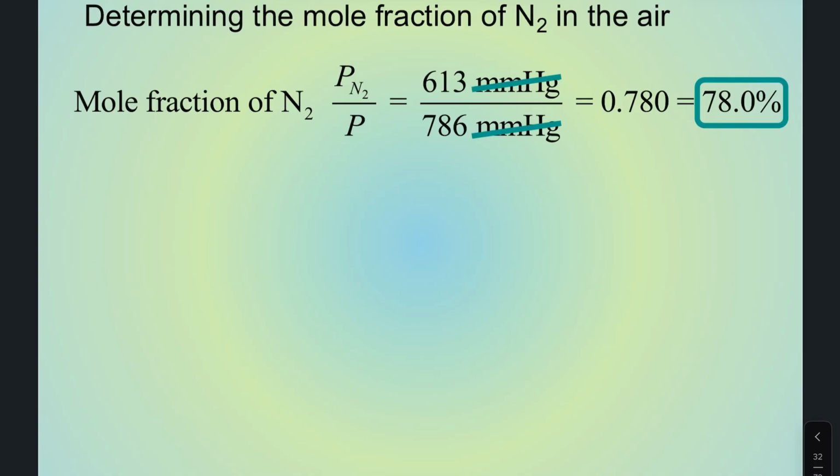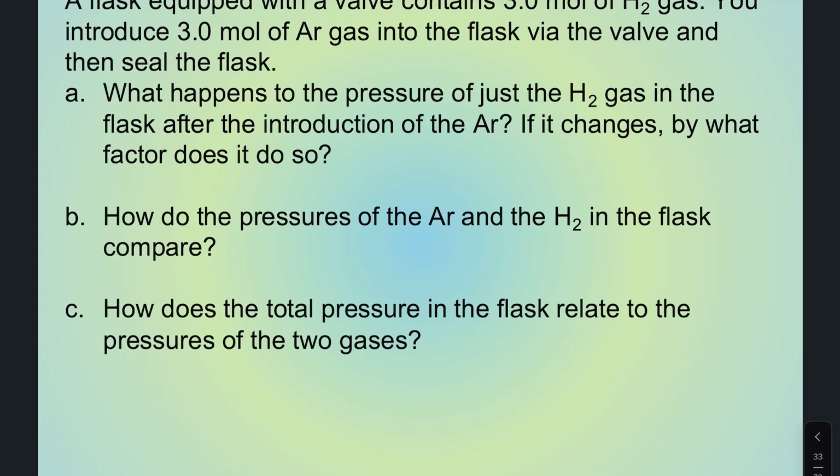After that, we took the partial pressure of nitrogen and divided it by the total pressure to get 78.0 or 78.1, depending on if you use extra sig figs. Okay. And so we can answer these questions next. So go ahead and take a second, take a look, and then I'll go through it.